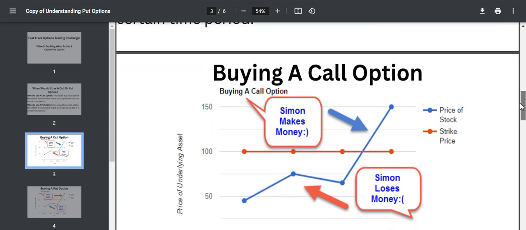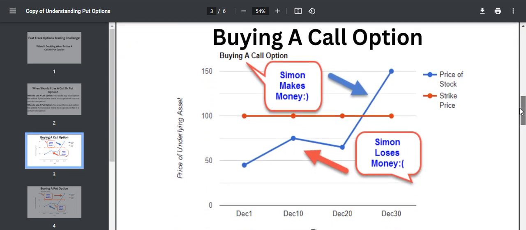So let's look at how this would play out with a visual representation. If you remember Simon from the previous videos, in this example he's going to buy a call option, which is represented by the blue line, and we're going to call that stock X. Simon is betting that stock X is going to rise above $100, which is the strike price in the options contract.